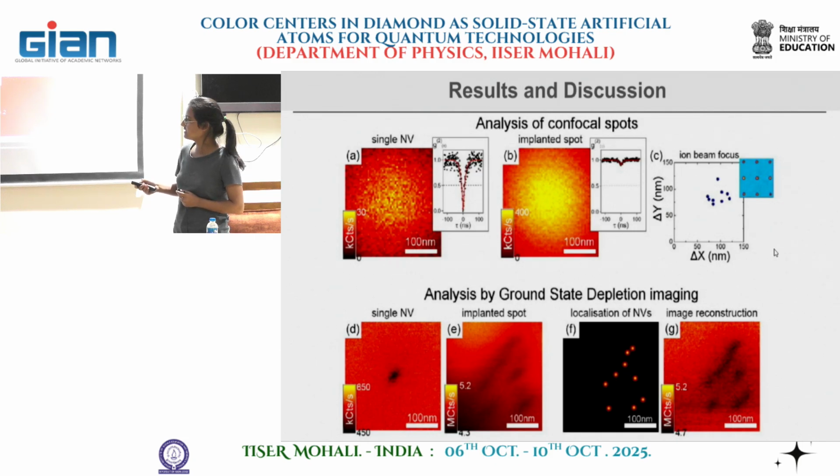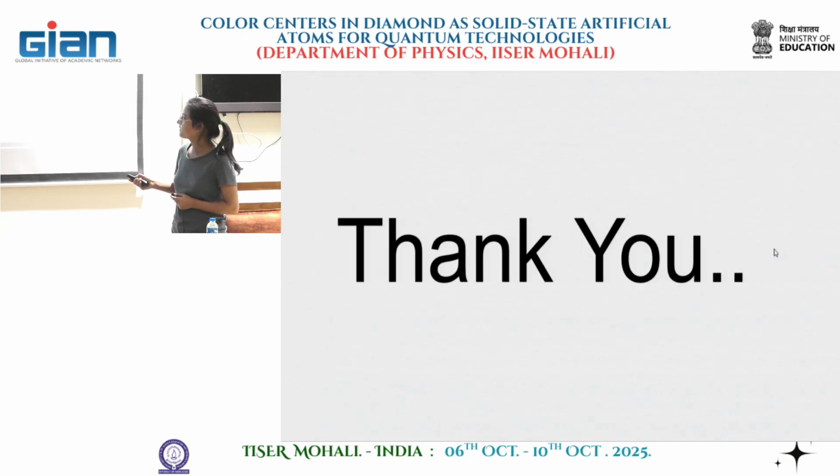That phase mask generates a hole in the center of the beam, and that second beam is going to de-excite the whole sample. But since there is a hole inside that beam, this part will not be de-excited, and the rest will be, and hence we will only see the NV centers glowing, and hence we can count the NV centers. So this is how the characterization has been done.